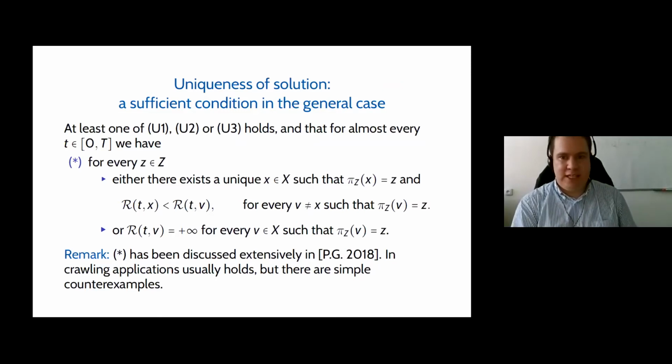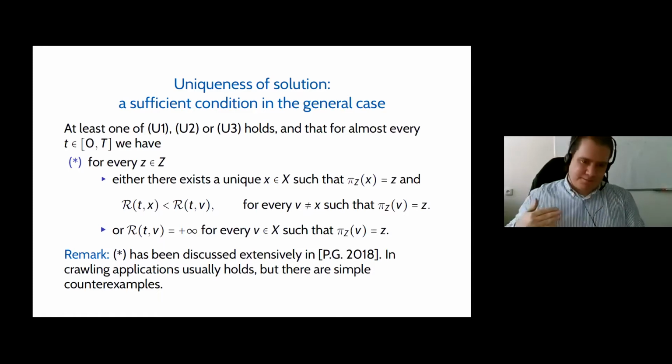If we pass to the general case of locomotion, this is something I was doing when I was in Lisbon. One can have this condition. It basically says that the dissipation potential has a unique minimizer if you look at sections in the direction of translation.